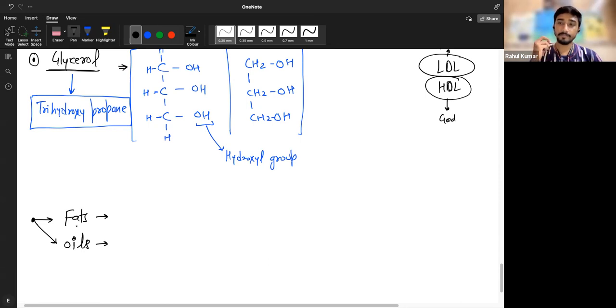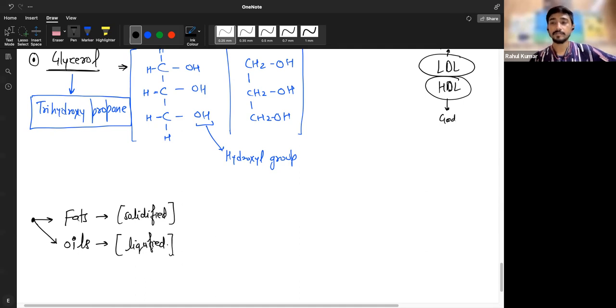So the basic difference between fats and oil is that fats are solidified and oils are liquefied. So the mustard oil or the soya oil, these are oils. But if you see ghee, or butter or cheese, they are fats. You understand the difference, Aisha and Iram?